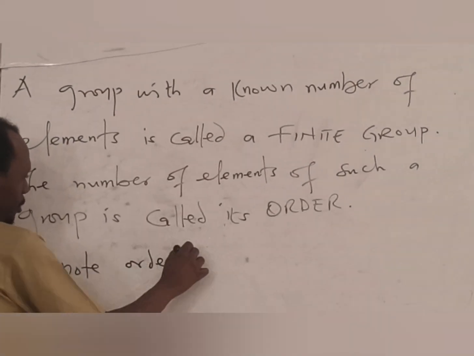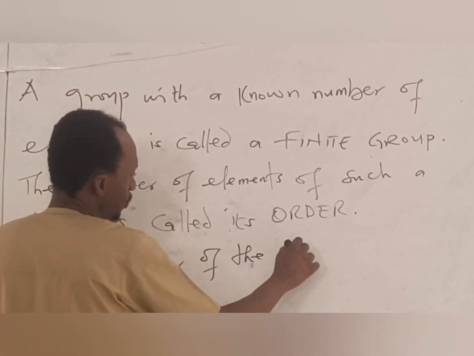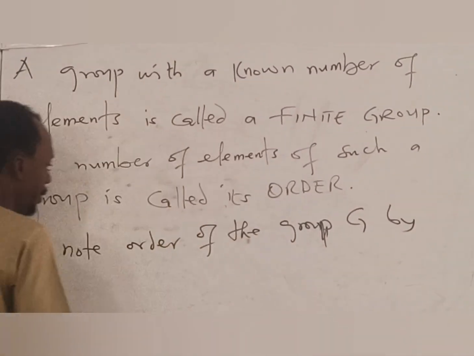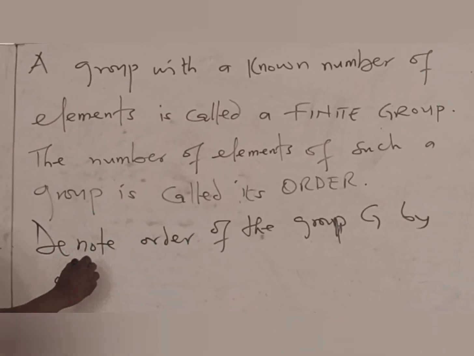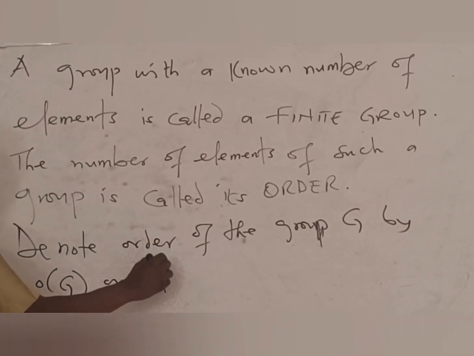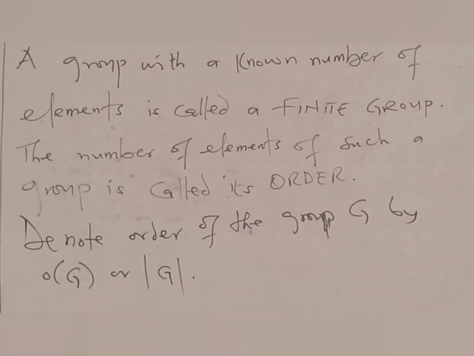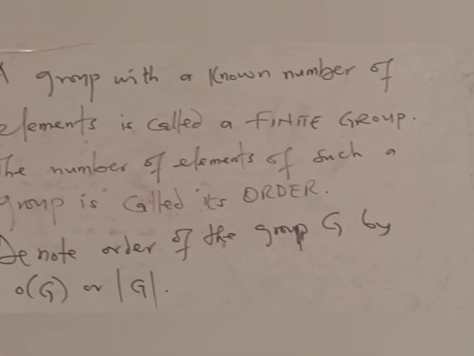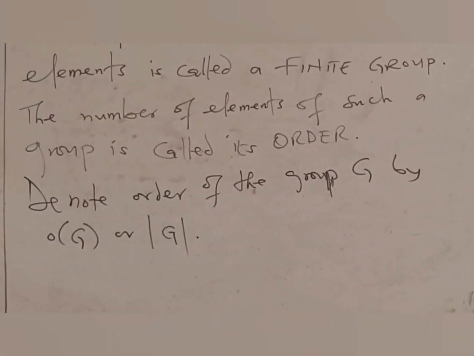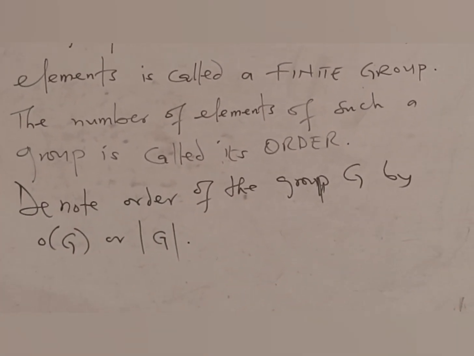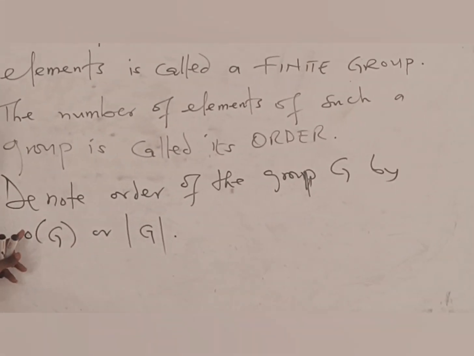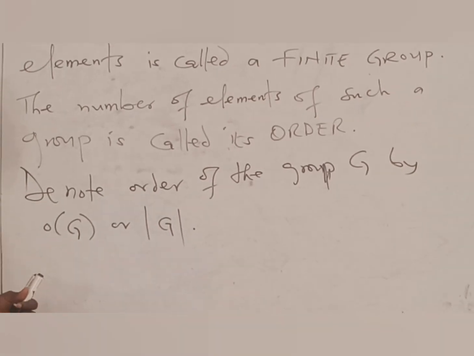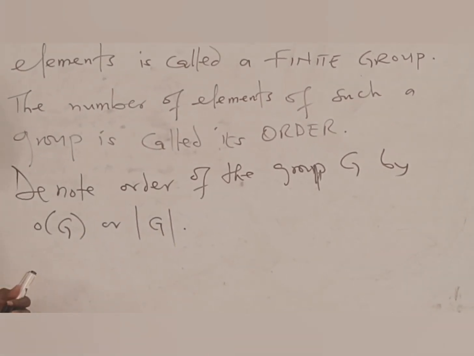We denote the order of a group by two straight lines, for a group A, order of A. The order is the number of elements of that group.